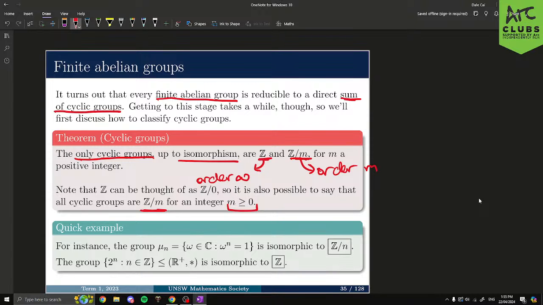For instance, if we take the group of the nth roots of unity in the complex numbers, since this is a cyclic group, you should know that it is generated by, let's say, omega naught, where omega naught is the solution with the least argument.